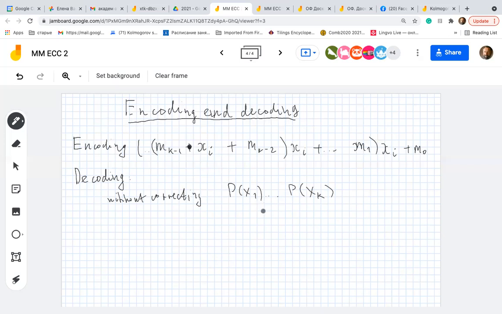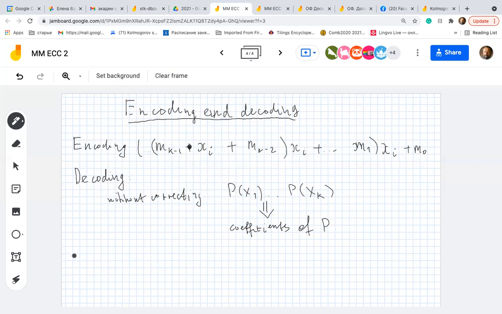And we want to find from the values of that polynomial in k points its coefficients. And it is well known how it can be done.